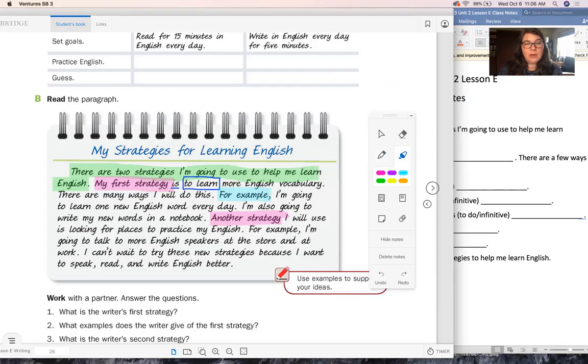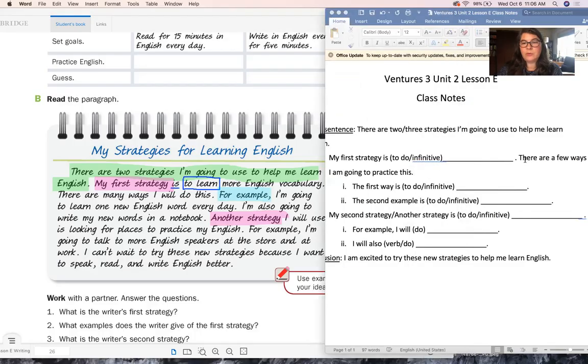For example, I'm going to learn one new English word every day. So right here, the first way is to, or you could say, for example, I have it down here. For example, basically this, and this are telling you here is more information.